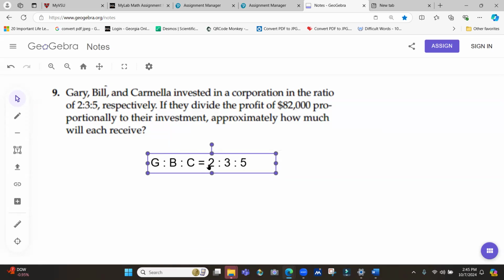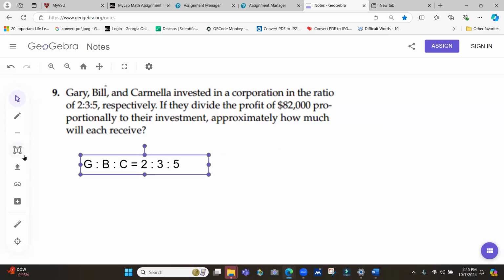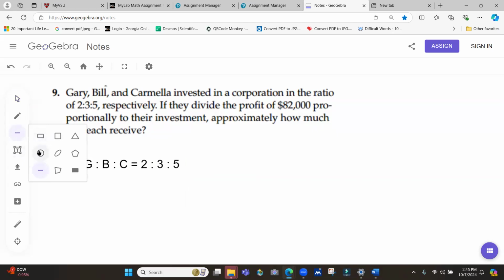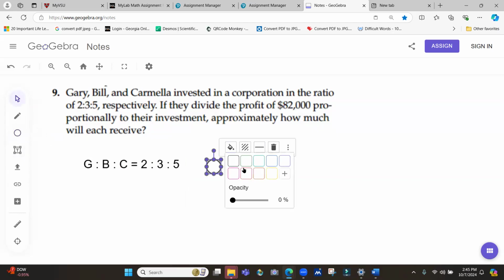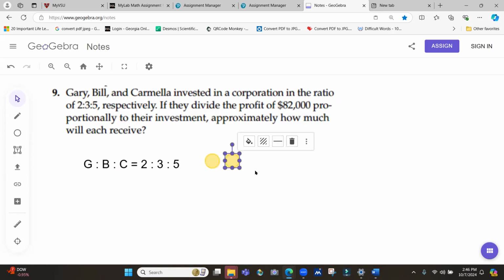Visually, if Gary gets 2 parts, I'm going to make Gary's circle yellow. Gary gets 2 parts. Then Bill gets 3 parts, 3 identical parts. I'm going to make Bill's color pink.